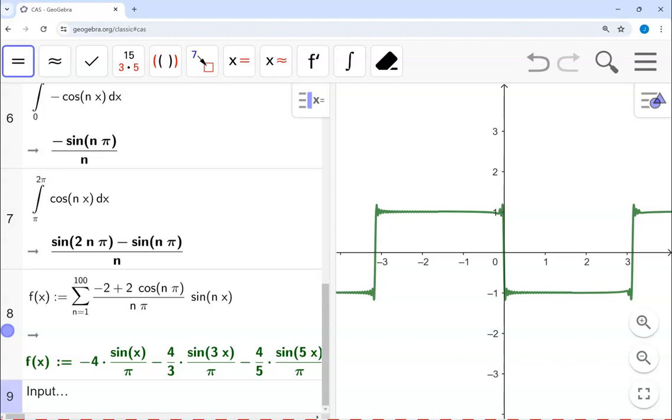Let's say our function is x plus pi from negative pi to 0, and then let's do pi minus x from 0 to pi. So it's still a 2 pi interval, but we've shifted it a little bit.